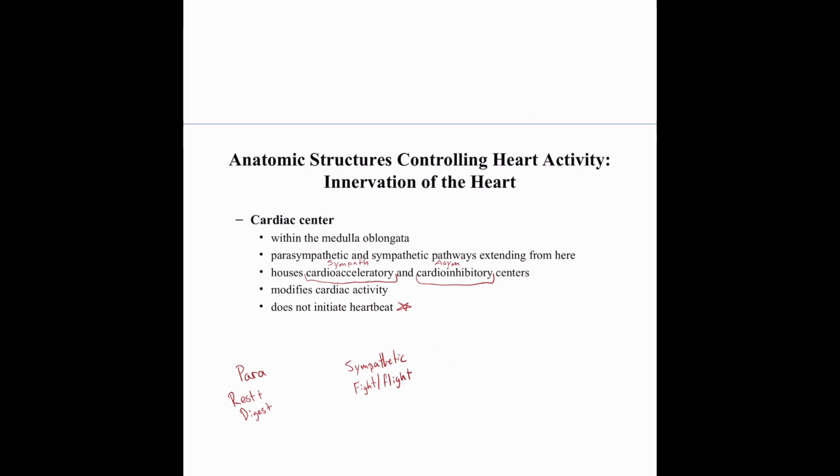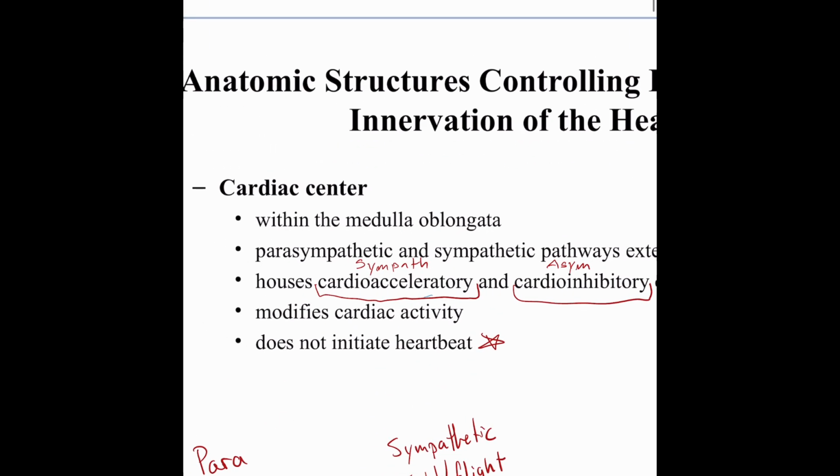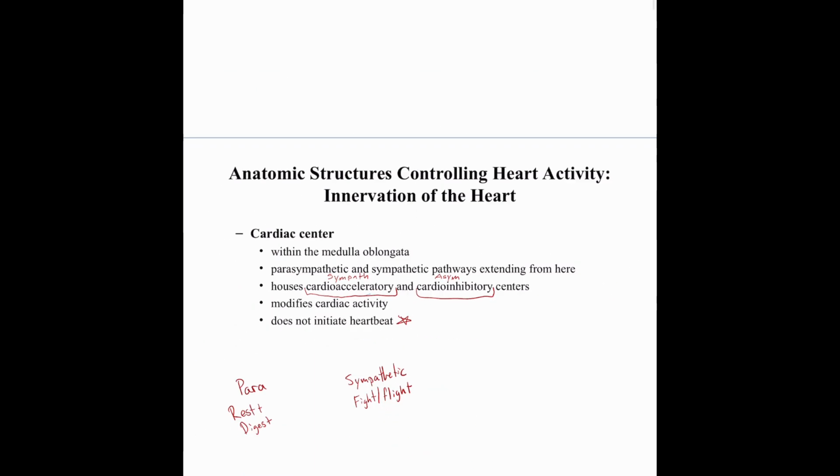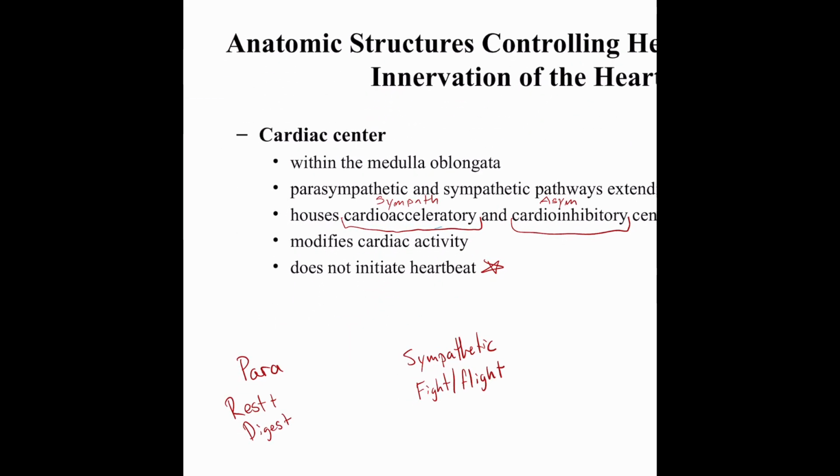And they can either be cardioacceleratory or cardioinhibitory, meaning that they are affecting the heart, right? Cardioacceleratory means it can speed up, or inhibitory means slow down. Sympathetic is the cardioacceleratory one.